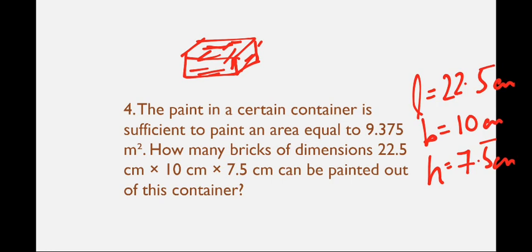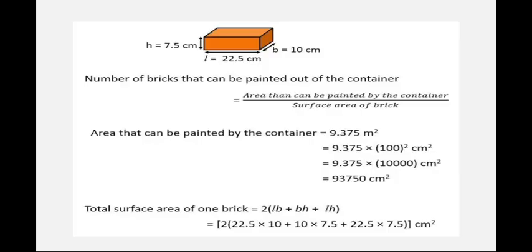That means the amount of paint I need to color one brick is equal to the total surface area of the brick. So look at here. This is the diagram. The number of bricks that can be painted out of the container is equal to, okay, I will explain the first step later on.